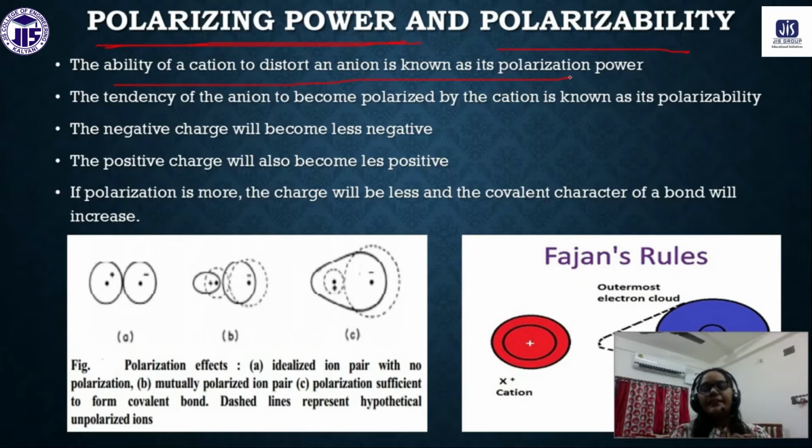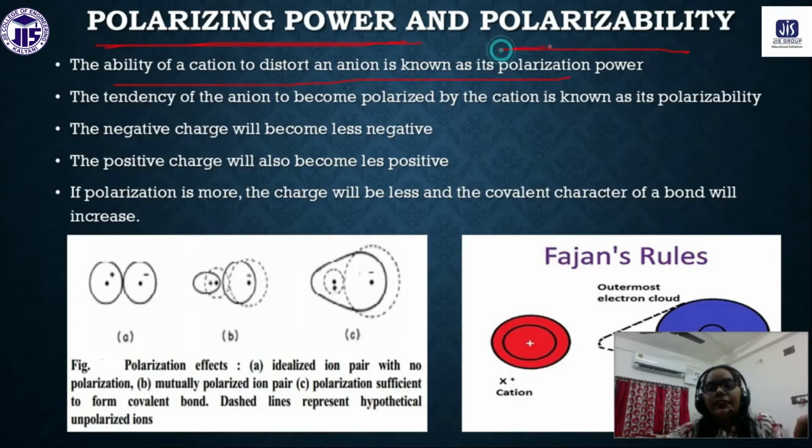The positive charge will attract the electron density of the anion, so that the electrons will be distorted. The ability of this distortion is called the polarizing power.